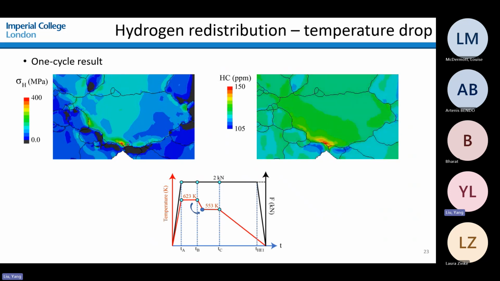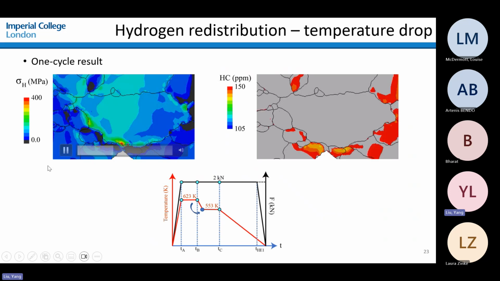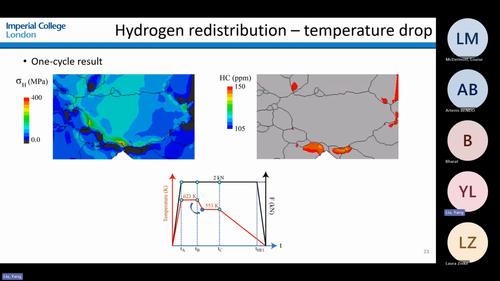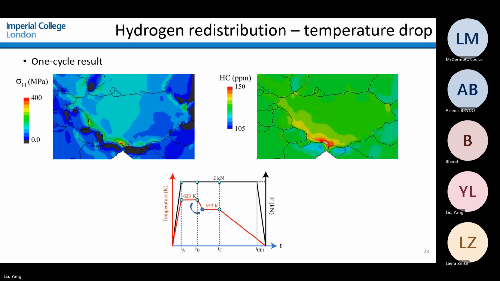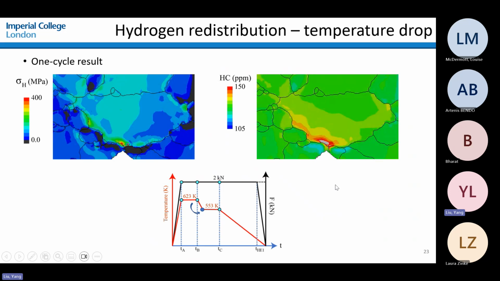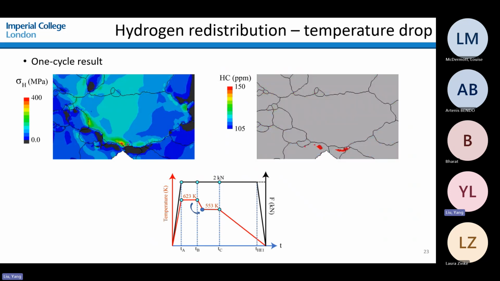In sample A, on the left-hand side is the hydrostatic stress, which you can see as the pinning stress that pins the hydrogen at the local spot. This leads to a hydrogen concentration that follows the hydrostatic stress distribution at the higher spots.